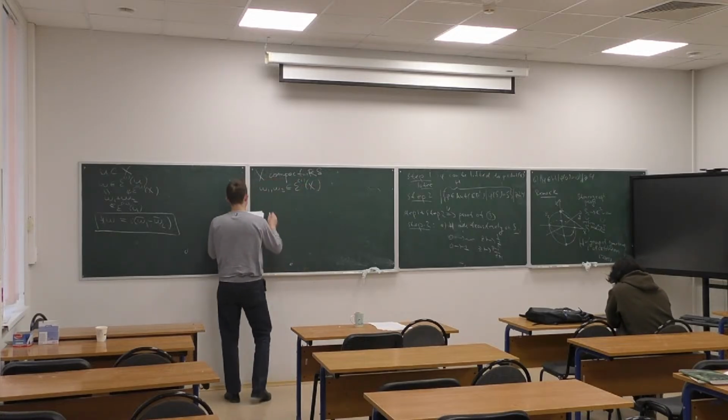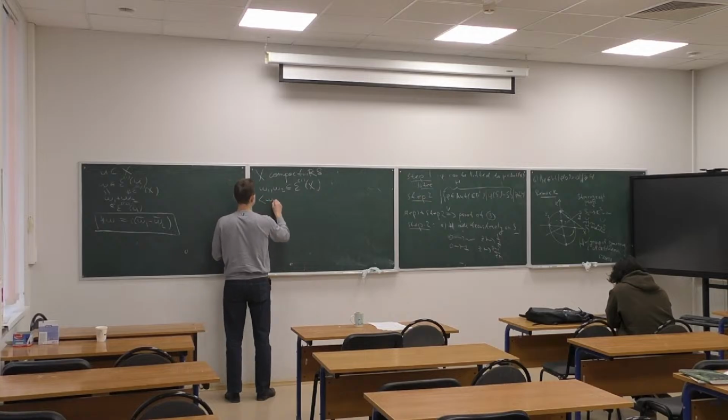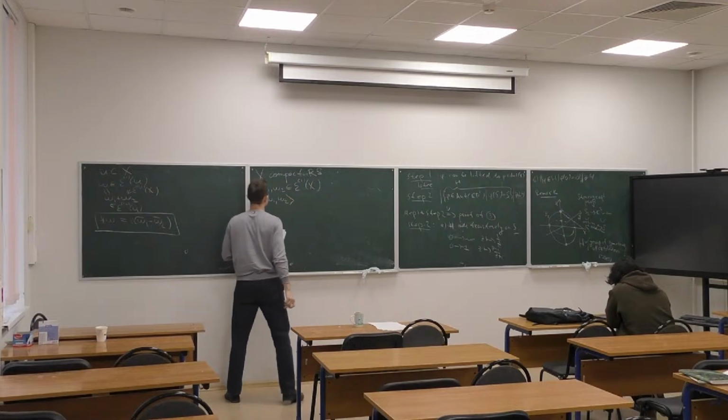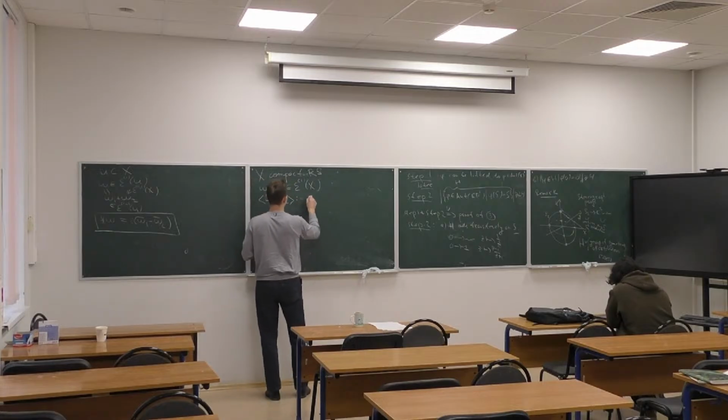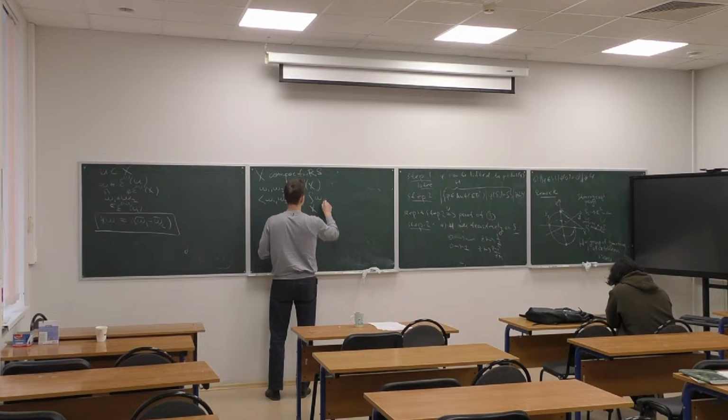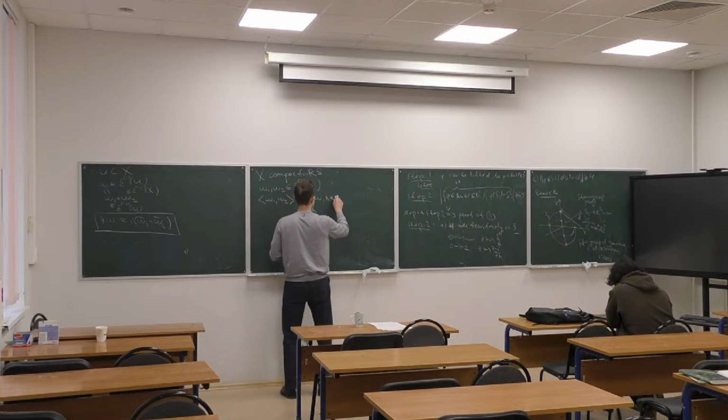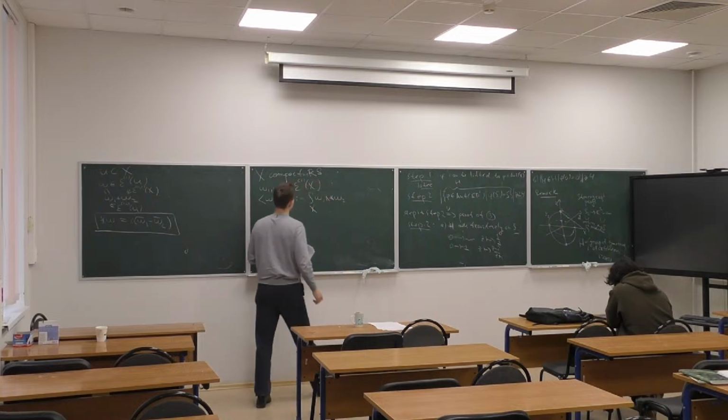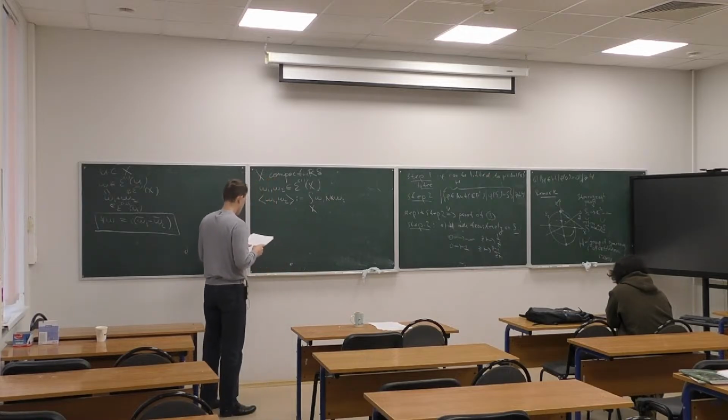Then we defined the scalar product as the integral over X of omega 1 wedge star omega 2.